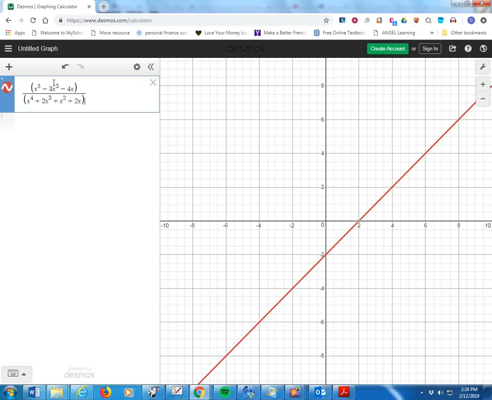The line x minus 2. So it's just following its asymptote, which is really kind of strange, but you see the holes.